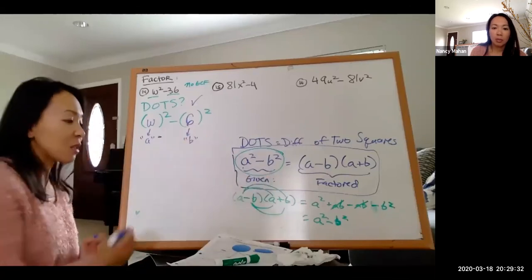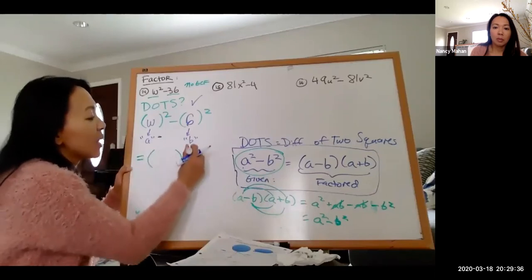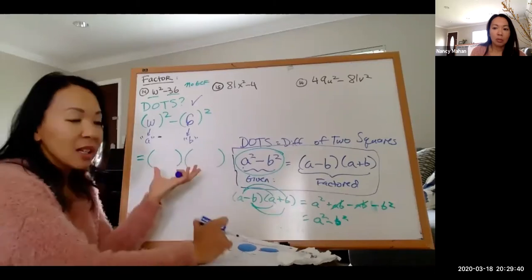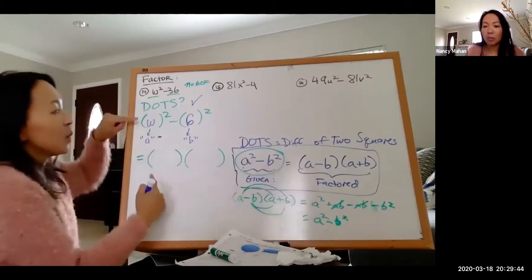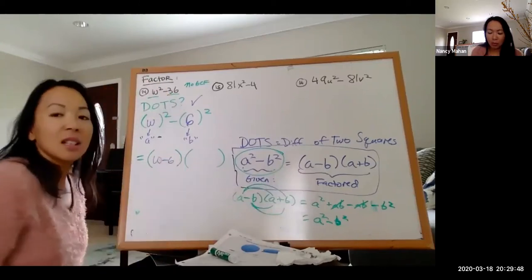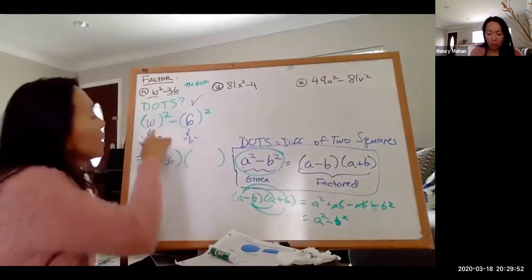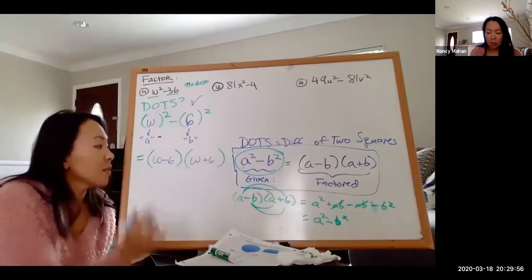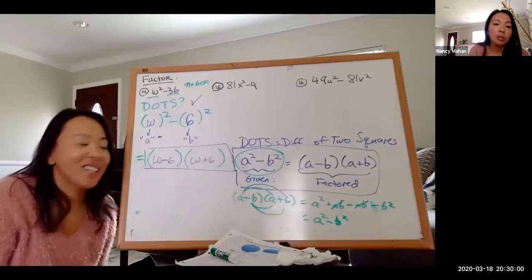So when I write this as a product of two different things, the first one is going to be A minus B. Well, A is W and B is 6. So W minus 6. And then the second one is going to be A plus B, which is W plus 6. And this is our final answer. Was that easy or what, right?